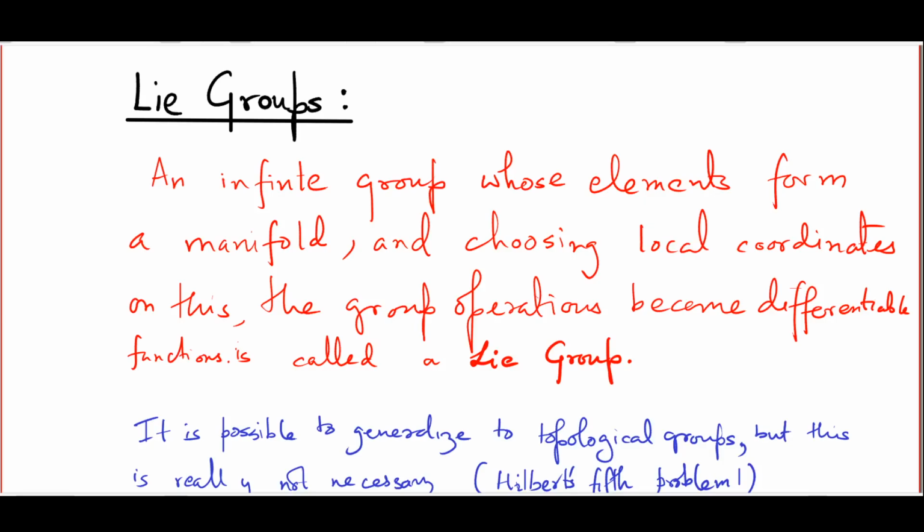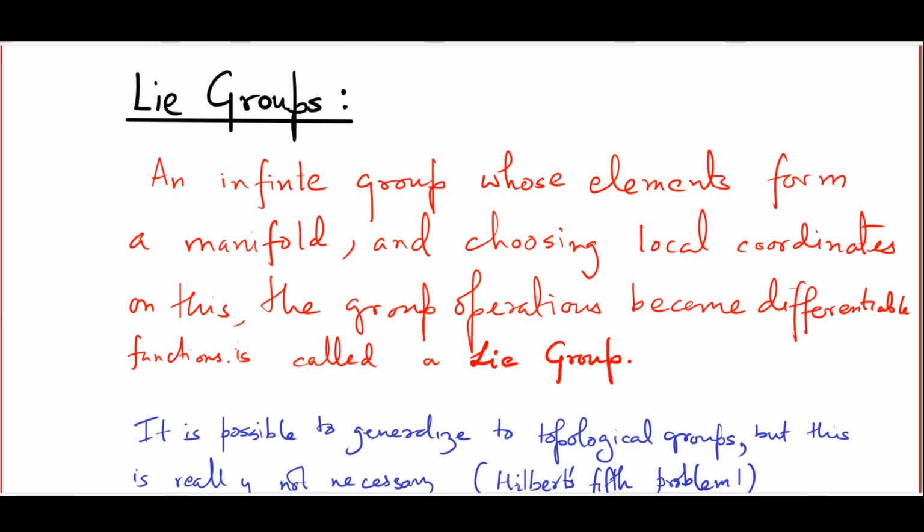In other words, a manifold on which a topology can be defined, so that instead of differentiability, we can at best talk about continuity. And all we are going to demand is that the function which gives you the parameters for the product are continuous functions of the original parameters, and the function which gives you the parameters of an inverse is a continuous function of the parameters of the group element.